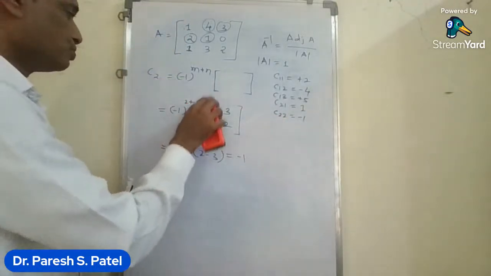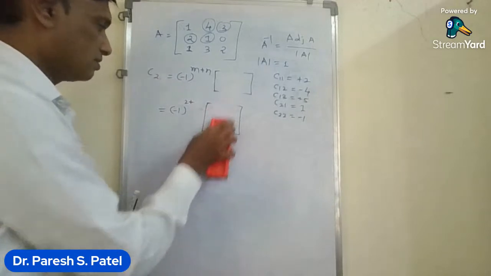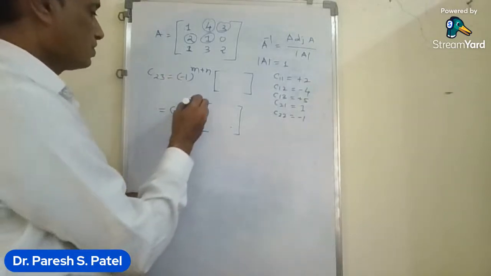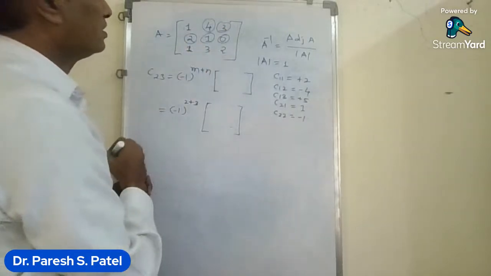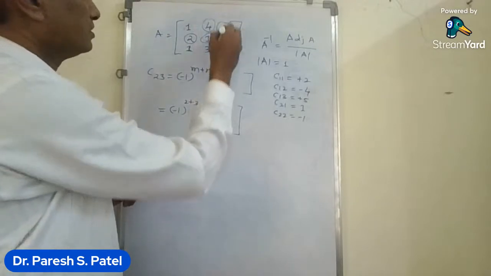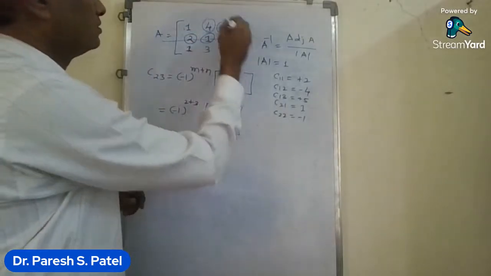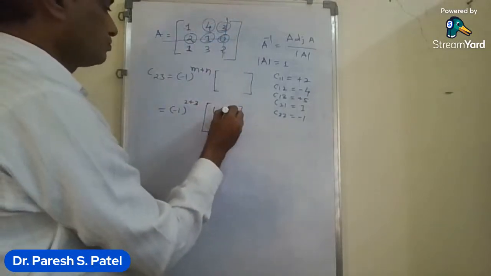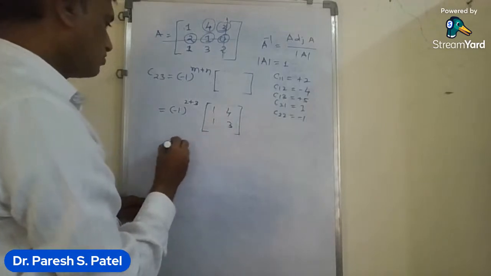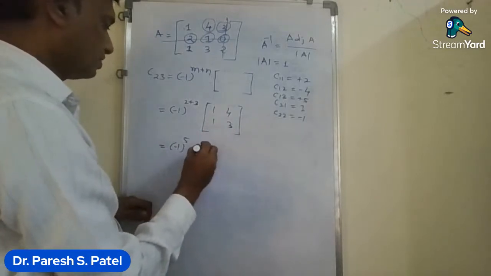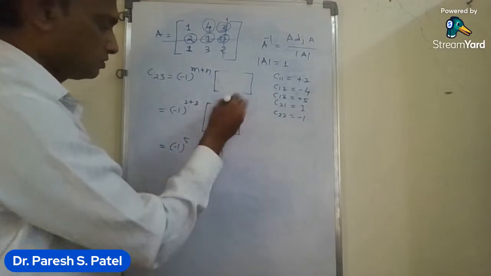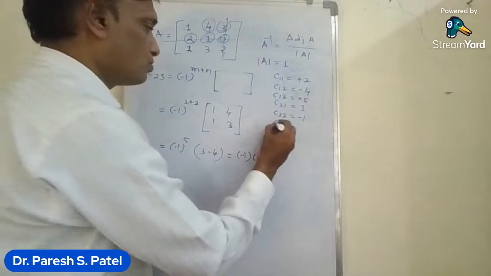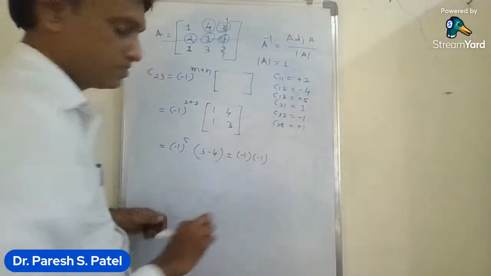Similarly, if you go for C23, the remaining elements are [1 4; 1 3], equal to minus 1 raised to 5 times (3 minus 4), which is minus 1 times minus 1. So the value for C23 is equal to plus 1.